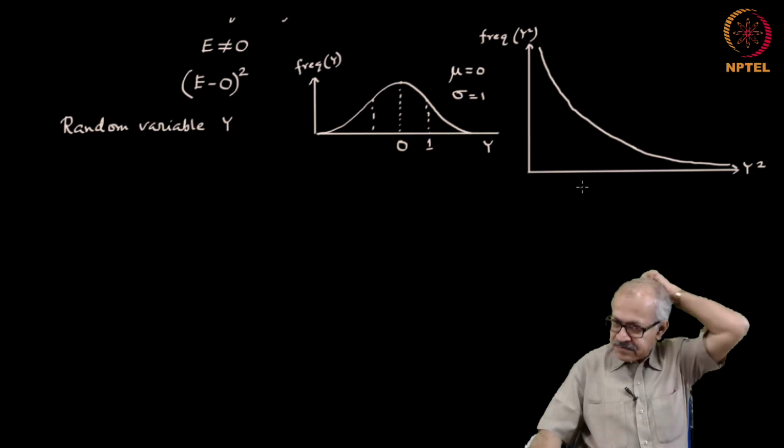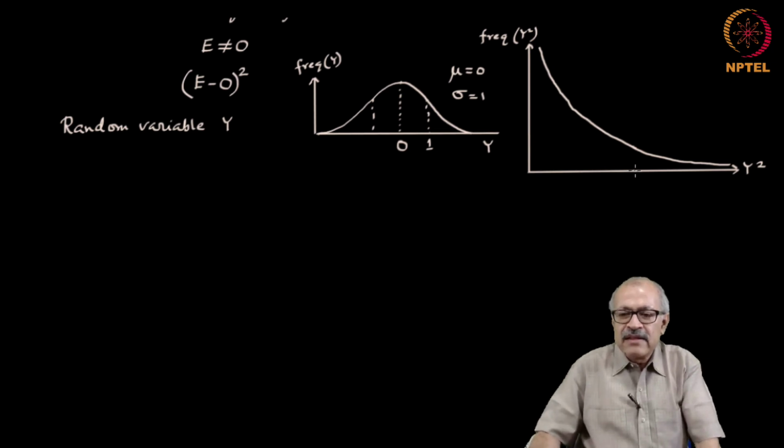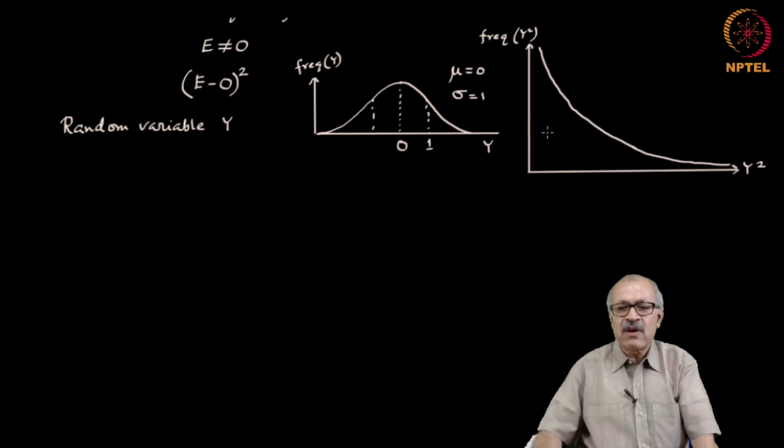This will be the frequency of y square, and as y square increases, its frequency decreases, because all the negative sides become positive when you take the square, and as you take the square of a small number it becomes even smaller. So, you have a very large distribution very close to 0, and it will taper off.